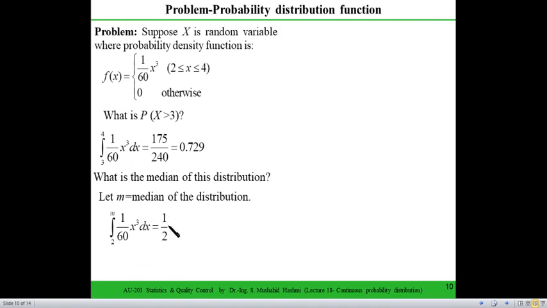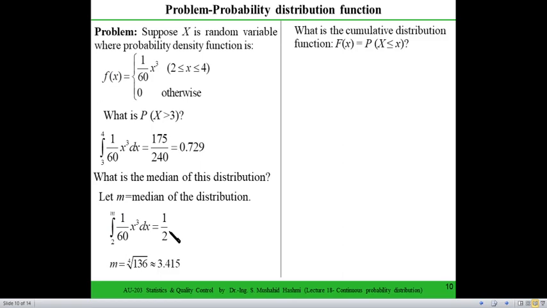Half, because I am in the middle of the region, since the median is the middle value of the distribution. So the middle value means the area under the curve comes out to be half. So I just integrate this expression, and I end up with the value of m being 3.415. That would be the median of that distribution.